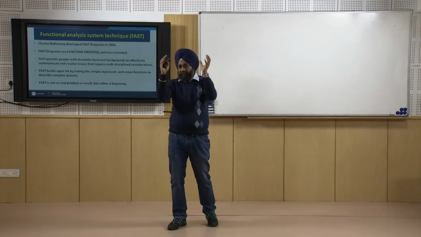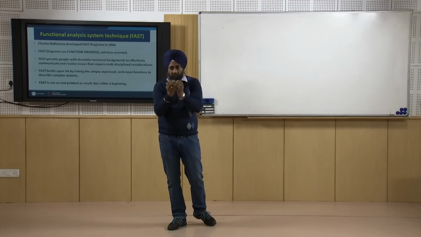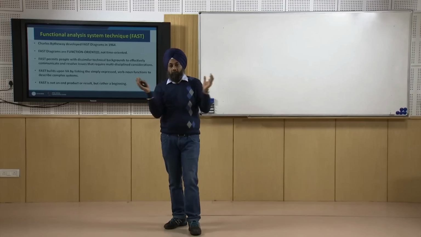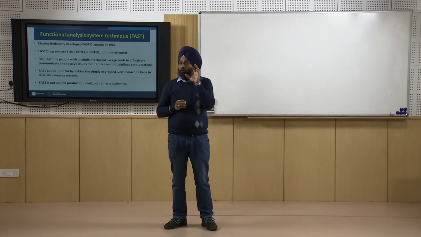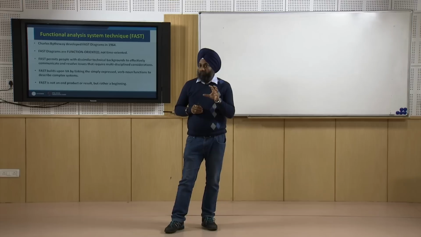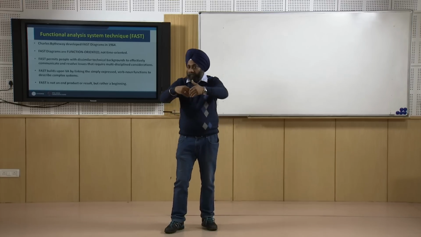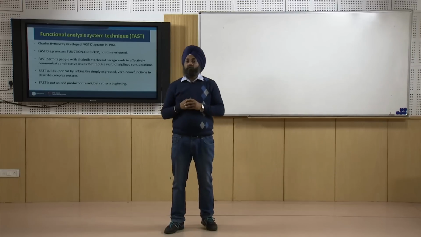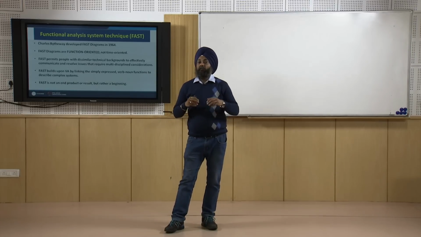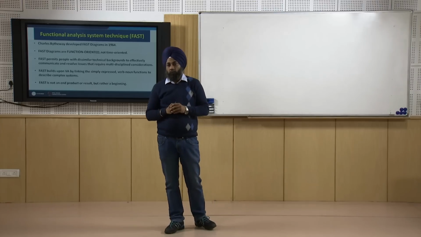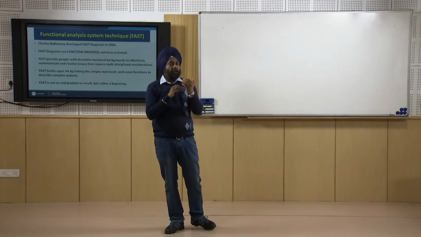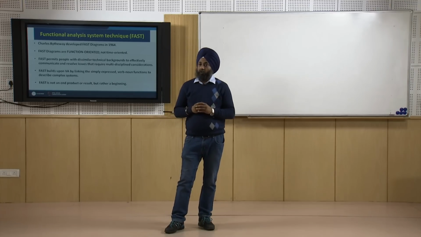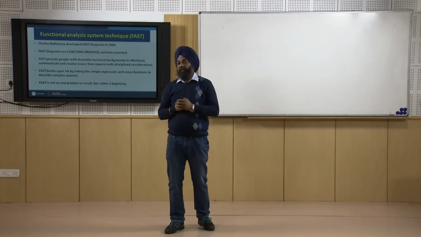Maybe in a complete system, maybe in an overall automobile, there may be a material which has been developed which is impact resistant. So when we do value analysis of an automobile, we will try to include that material in the front side of the automobile so that the crash worthiness of the automobile improves and the value to the customer also improves, because now the automobile has become more safe for the customer and he may like to buy that kind of an automobile without any further increase in the cost.